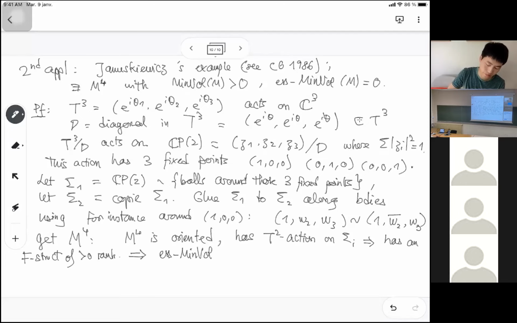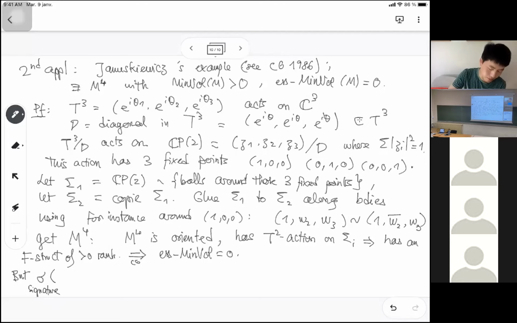But, so by Cheeger. On the other hand, if you look at the signature, this is a topological invariant that is defined using the second cohomology group of your manifold.